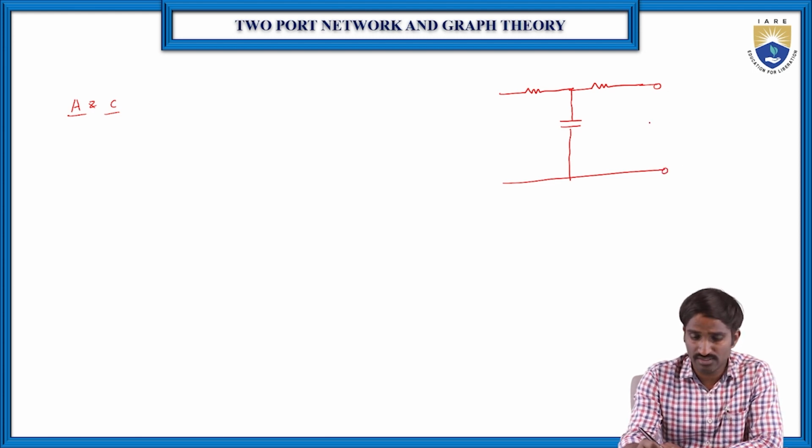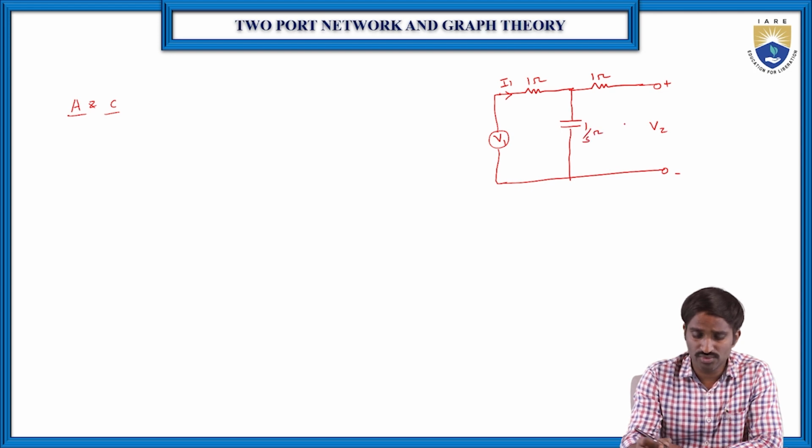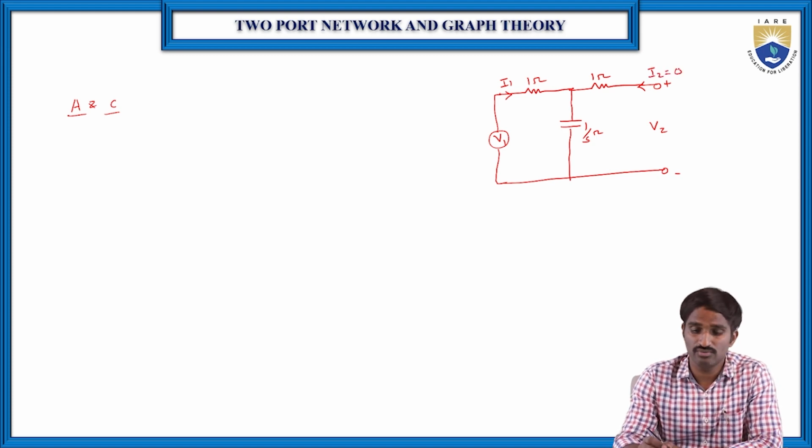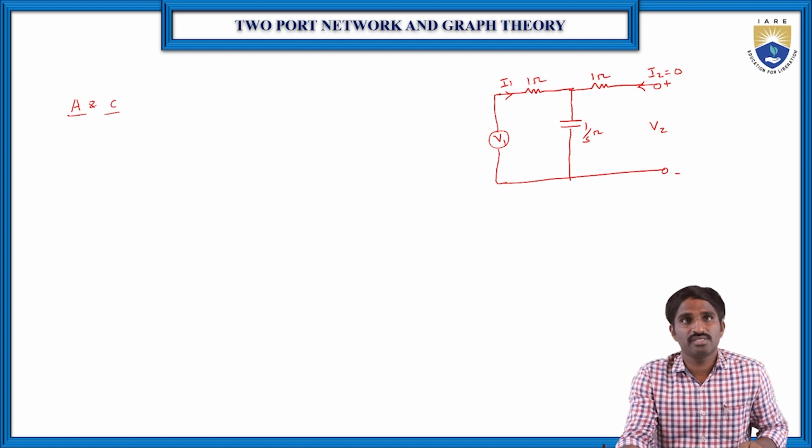Port 2 has voltage V2 with plus and minus, the input current is I1 and the input voltage V1 is connected to port 1. The current I2 is equal to 0, so using this circuit we are going to find A and C.